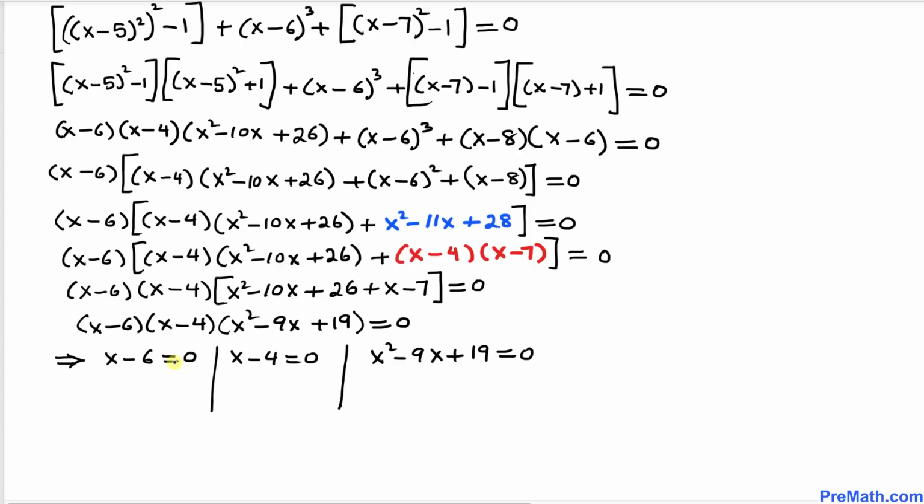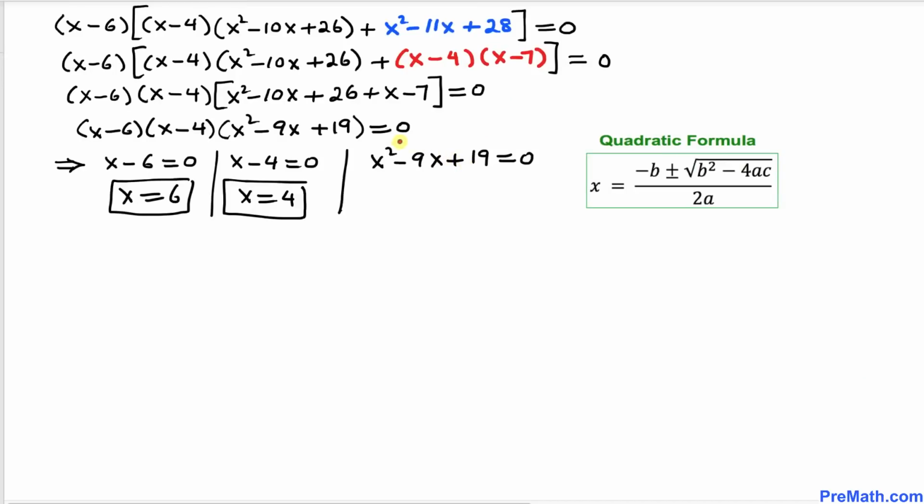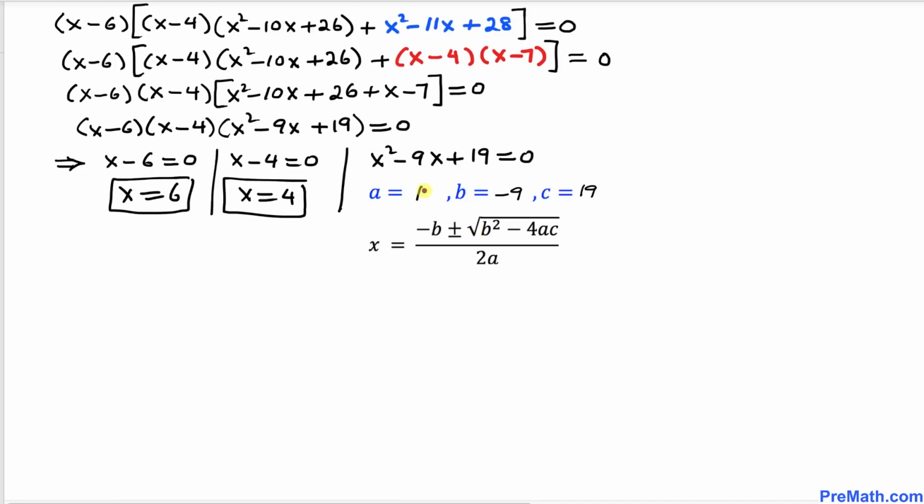So this x minus 6 equal to 0 means x equal to positive 6 is one of our solutions, and here x equal to positive 4 is another solution. And now finally we are going to solve this given quadratic equation by using the quadratic formula. So let's go ahead and fill in the blanks. In our case, a is 1, b is negative 9, and c is 19.